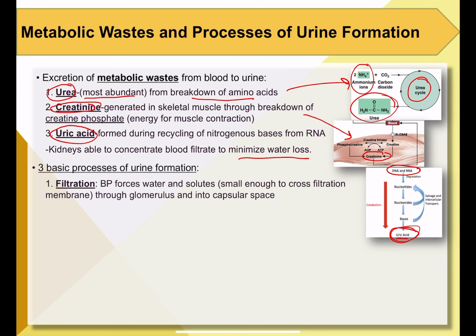Now, there are 3 basic processes of urine formation that we will talk about in detail in the next part of the lecture, okay? So let me finish these 3 steps and then we'll take a break. The 3 basic processes of urine formation are filtration, which is where your normal blood pressure is forcing water and solutes through the filtration membrane in your glomerulus.